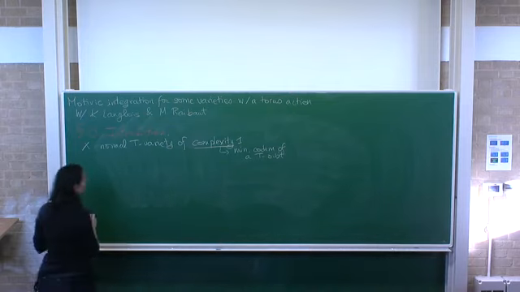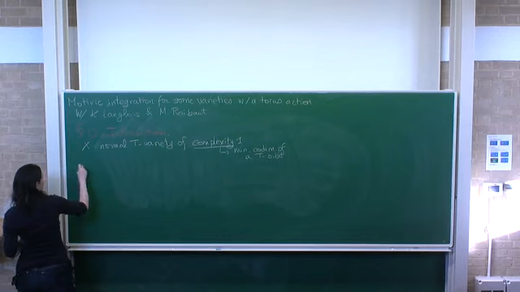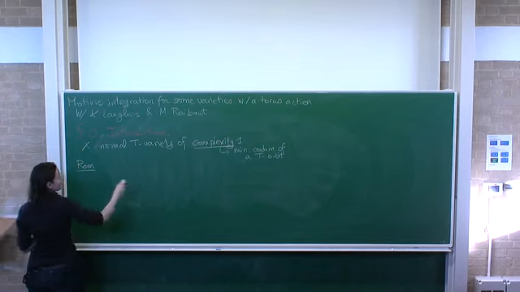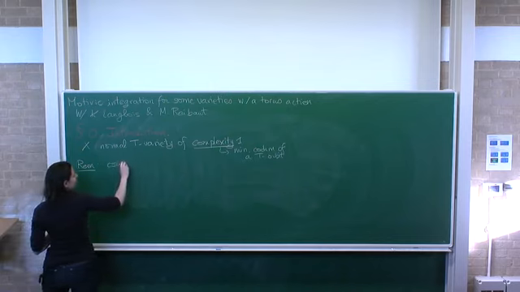Just remark that complexity 0 is just a toric variety.